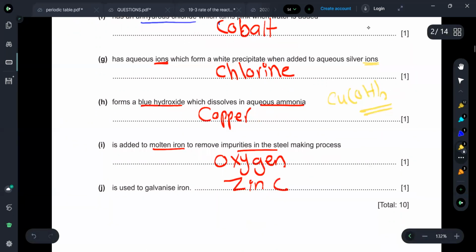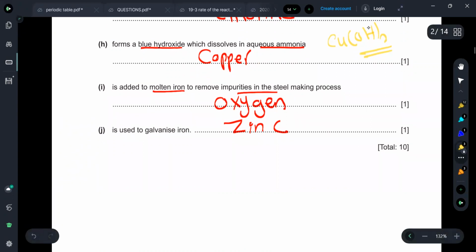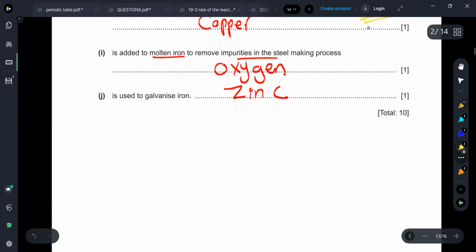The blue precipitate dissolves in excess aqueous ammonia. Element I is added to molten iron to remove impurities in the steel making process. So we need oxygen, blowing oxygen, to remove carbon as carbon dioxide, which escapes as gas. Element J is used to galvanize iron: zinc, the most common one.